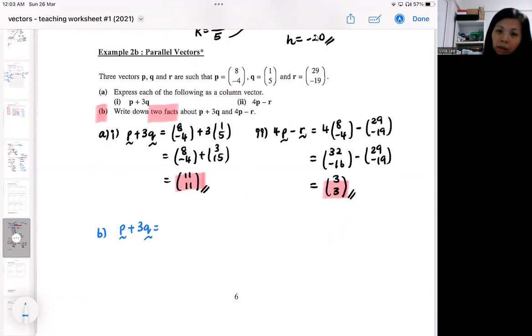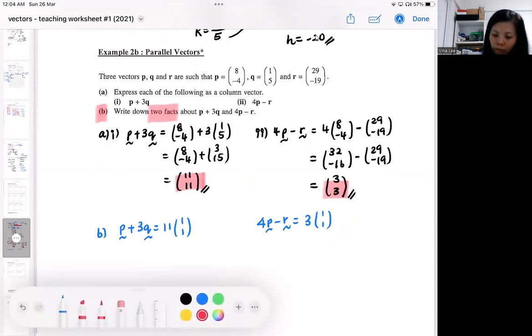So this is 11, 11. The common factor is 11, so you take the common factor out. For 4P minus R, the common factor is 3, and then you end up with a column vector 1, 1. So I'm going to target the 1, 1.